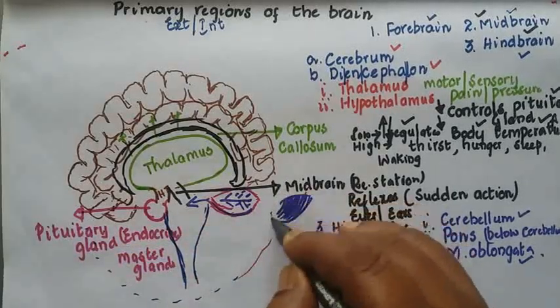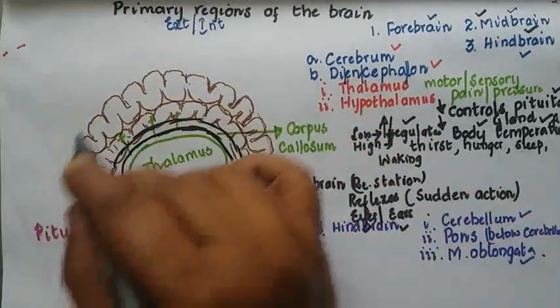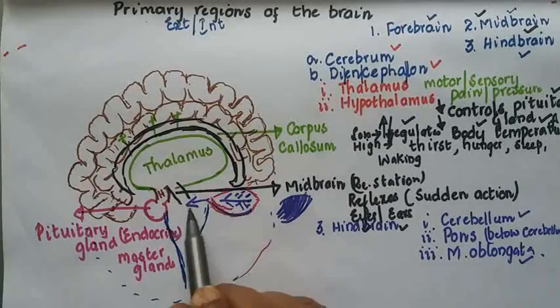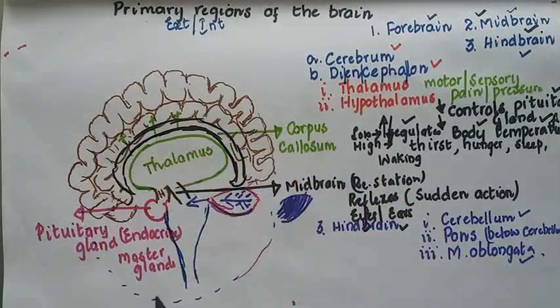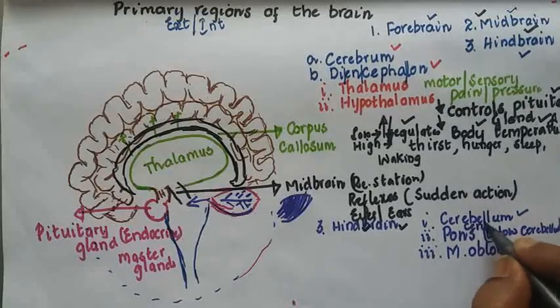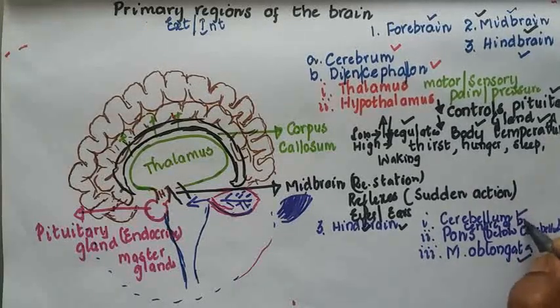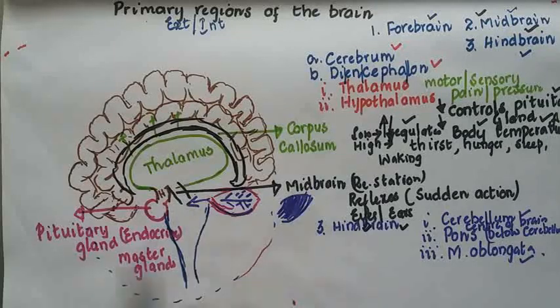So if you consider this as the entire brain, you will find the pons almost exactly in the center of the brain. So what is the location of a pons? Pons is in the center of the brain. Along with that, it is also found below the cerebellum.